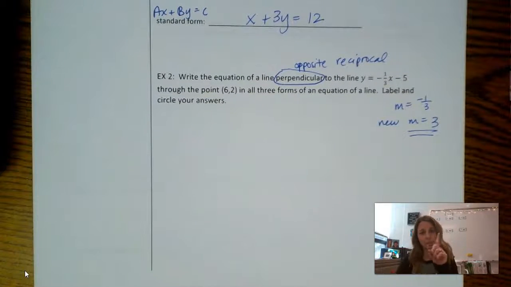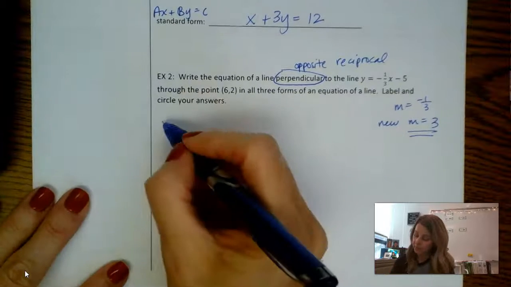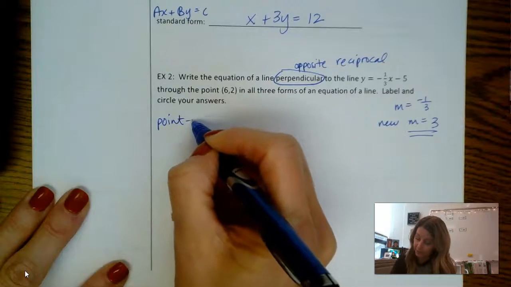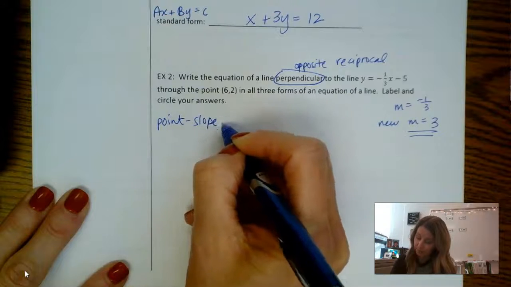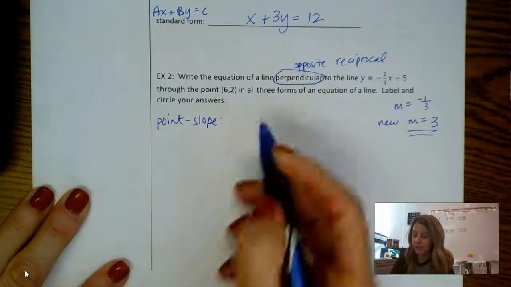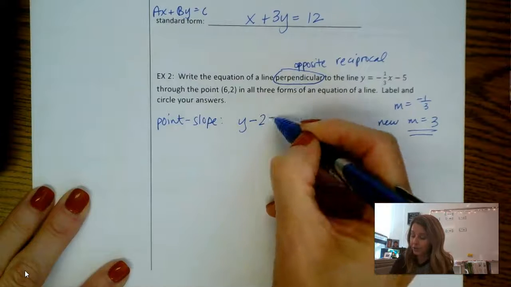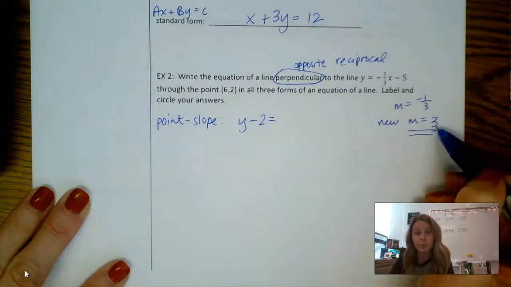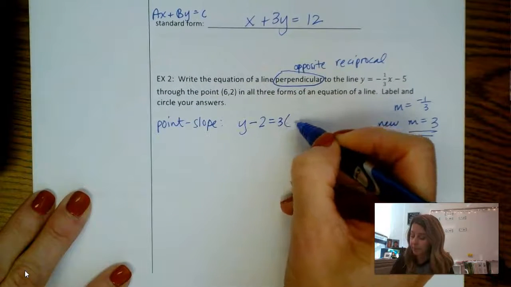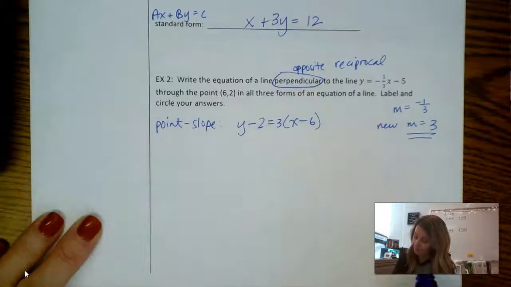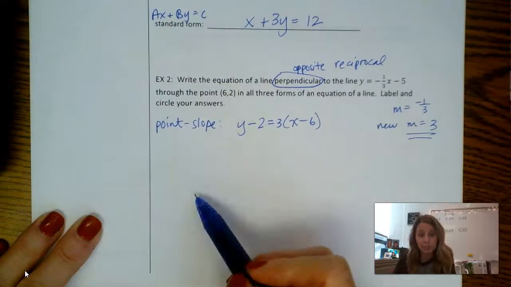Step 1, point slope. Let's plug in y minus y1. So y minus 2 equals m. I'm using the new number, equals 3, times x minus the 6. Okay, point slope.